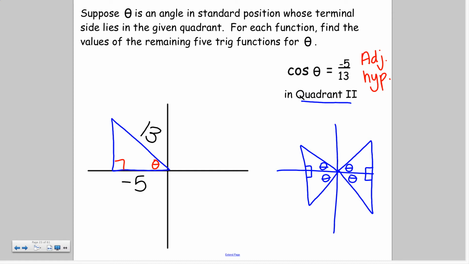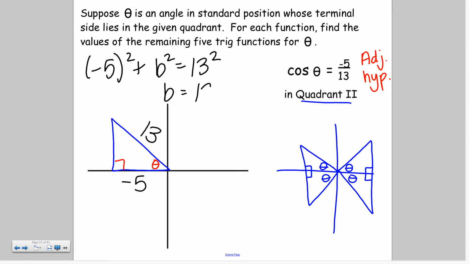So now I've got 2 sides of my triangle, and I can do Pythagorean theorem to find the third side. When I do that, I get 12. So I've been given one trig function, and I just have to find the other 5.